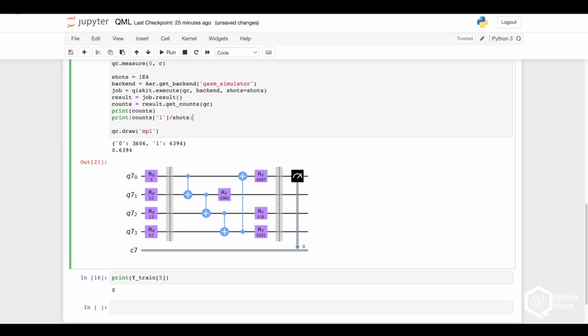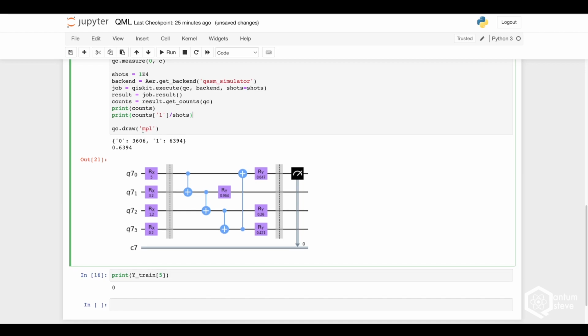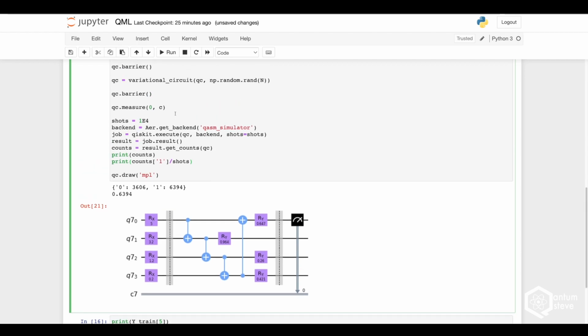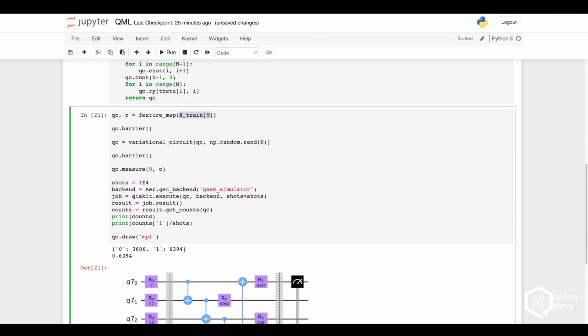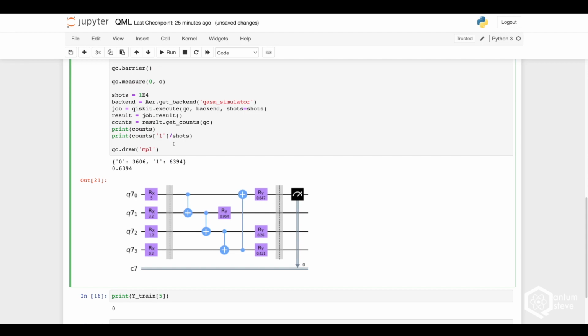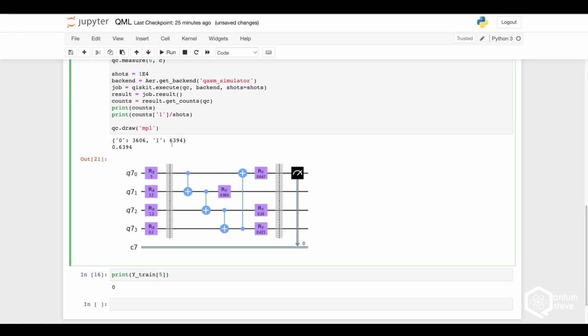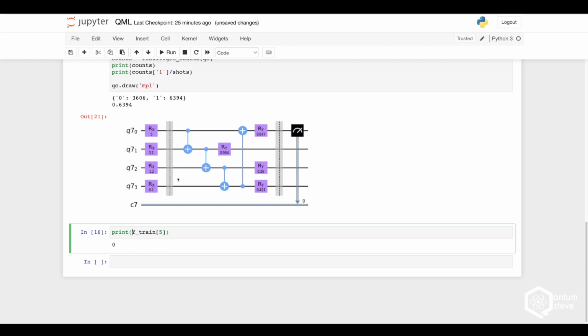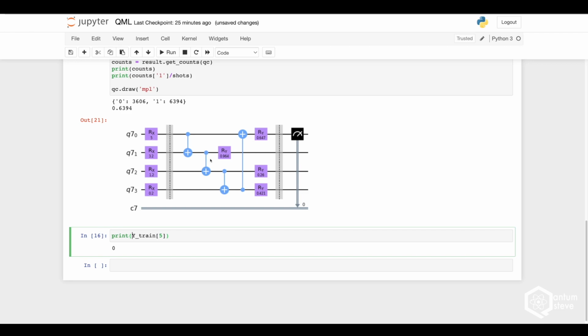So we could basically say that the prediction of this quantum circuit is that the input, here y_train at 5, is of class 1. But if we check down here, it is actually of class 0. Well, this makes total sense because these angles here, the thetas, we have not trained them yet.